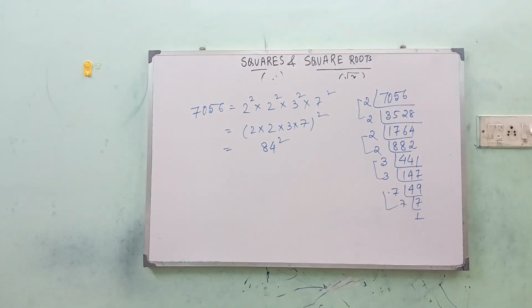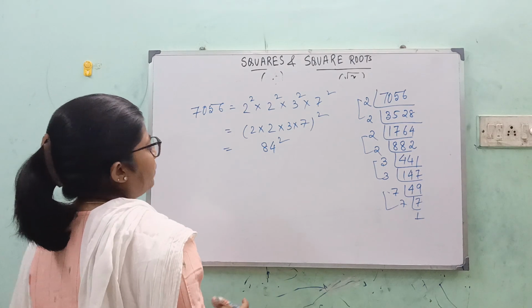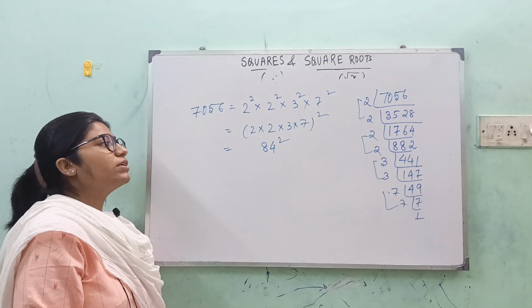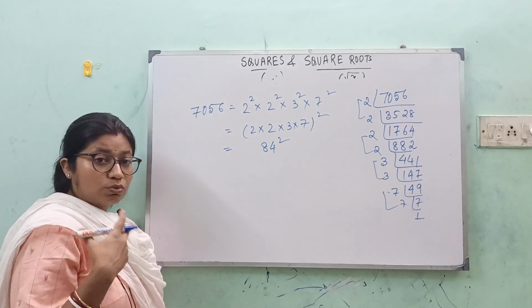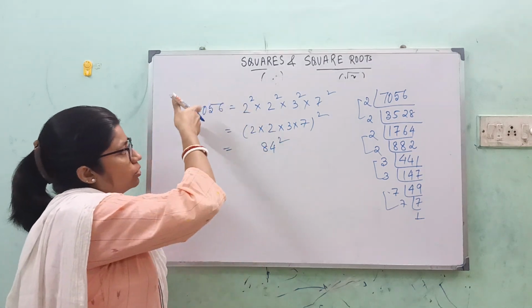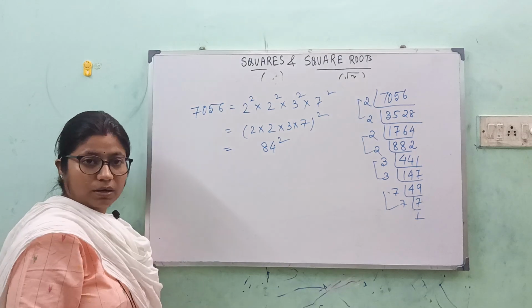So 7056 is 84 square. All right. So this is the way you can find out whether a given number is a perfect square or not. And if it's a perfect square, you can find out the number whose square is this given number.